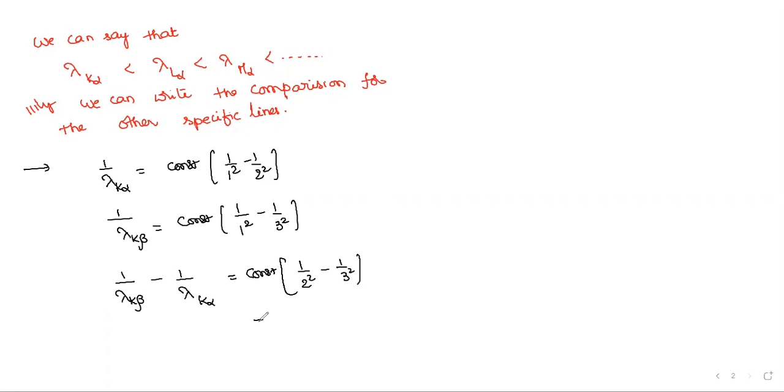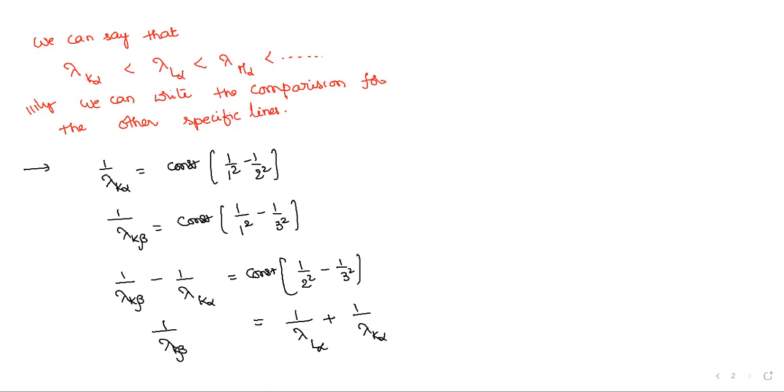This one is straight away second orbit, third orbit, successive orbits. So this is the L series, 3 to 2, alpha line. So 1 by lambda of K beta is equal to 1 by lambda of L alpha plus 1 by lambda of K alpha.